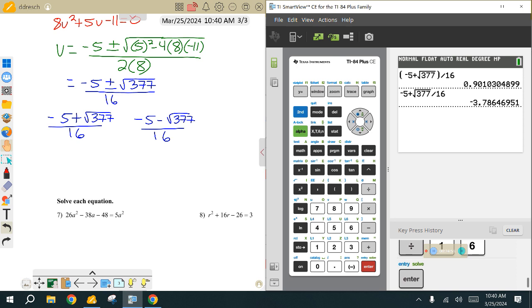I got 2 numbers that sound legit at this point, but the top one is done correctly. Your calculator is adding together -5 plus that, and then dividing it by 16. What is your calculator doing on the second row? It's taking the square root of 377 divided by 16, whatever that is, and then adding it to -5.